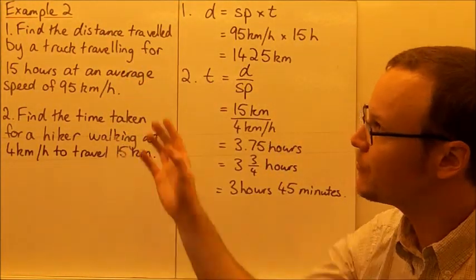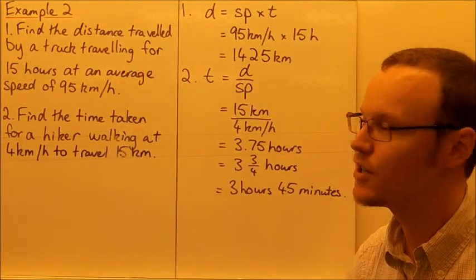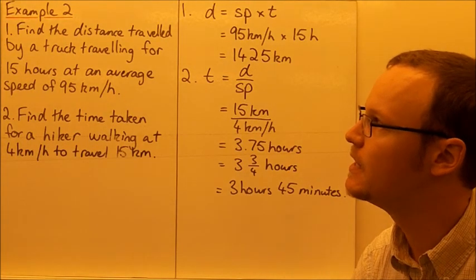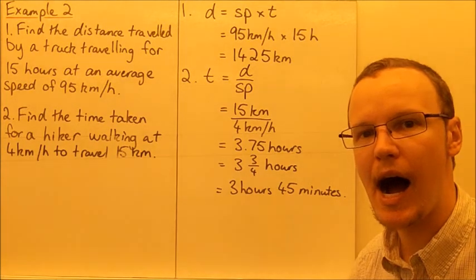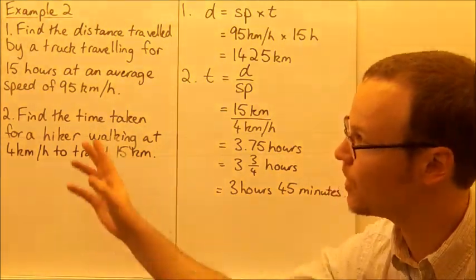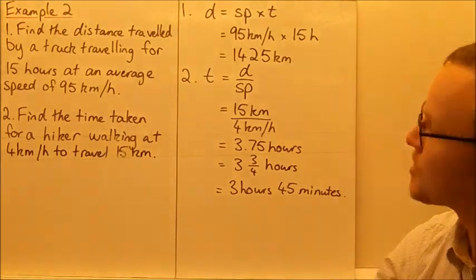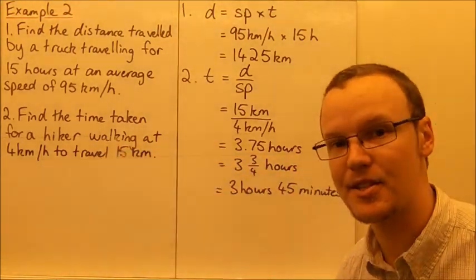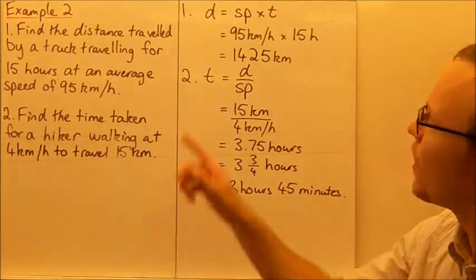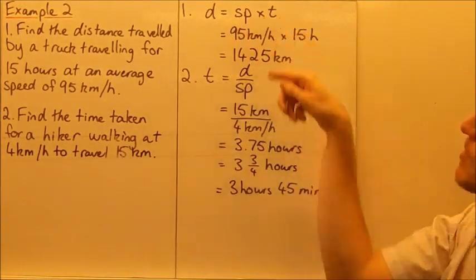Second example here, find the distance travelled by a truck travelling for 15 hours at an average speed of 95 kilometres per hour. So we're not looking for time, or speed. We've got time, we've got speed, we're looking for distance. So if we cover up the distance on our triangle, we'd be left with speed times time. Distance equals speed times time.